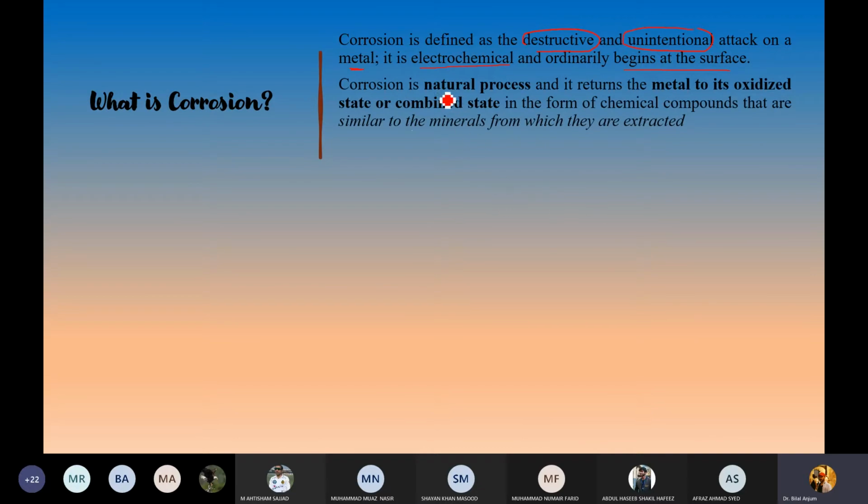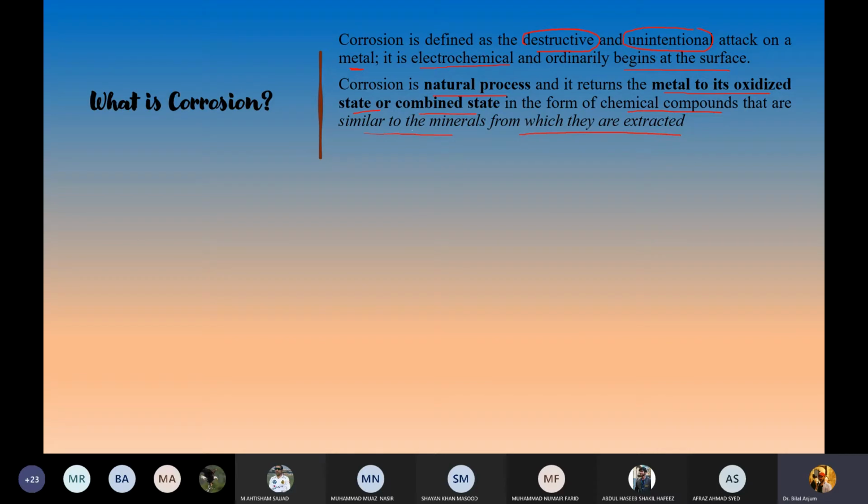Further, it says that it's a natural process and it returns the metal to its oxidized state or combined state in the form of chemical compounds that are similar to the minerals from which they are extracted. Most metals do not exist in the elemental form.